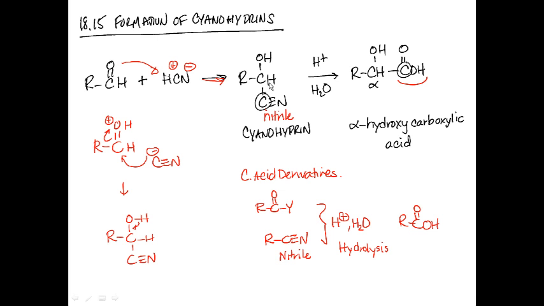So for the most part, that's a major use of cyanohydrins, is to form these alpha hydroxy carboxylic acids, which, because of the two OH groups, can hydrogen bond to a lot of water, and they make very good moisturizers or additives to moisturizers. Okay, so there's another addition reaction to an aldehyde. So in addition to adding alcohols to form acetals, ketals, adding water to form hydrates, we can also form cyanohydrins and then hydrolyze those.